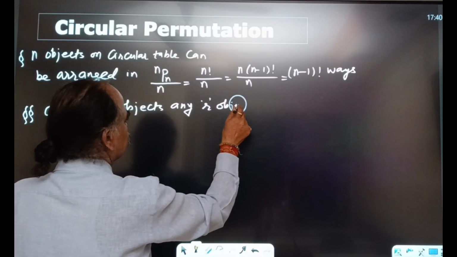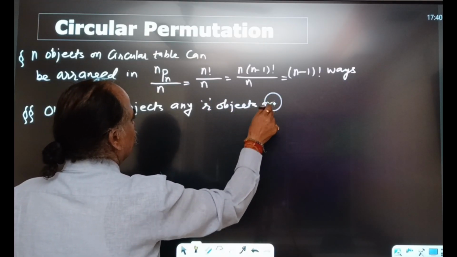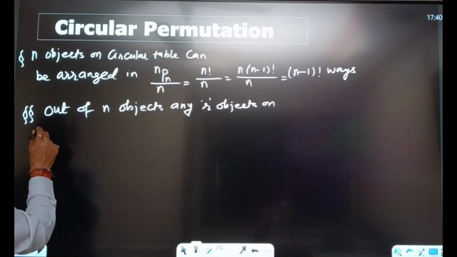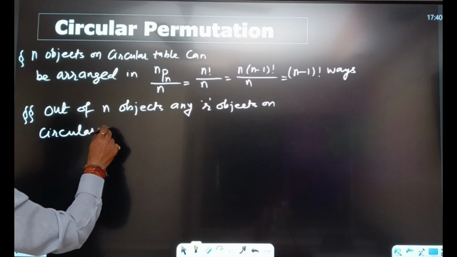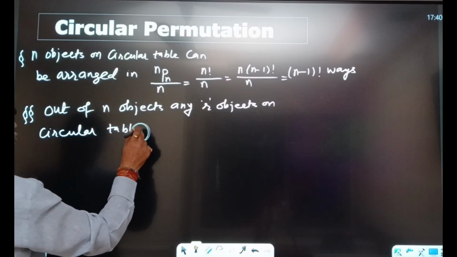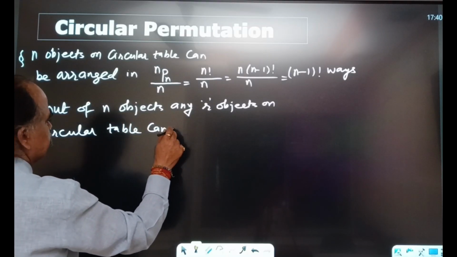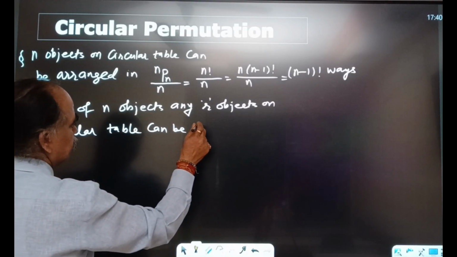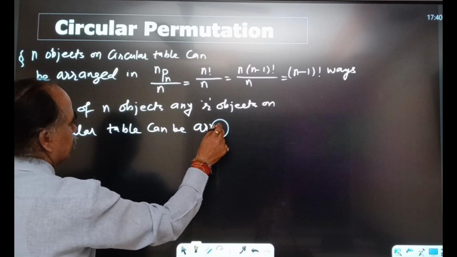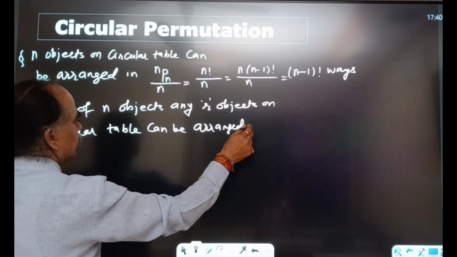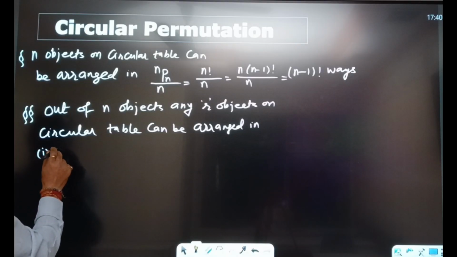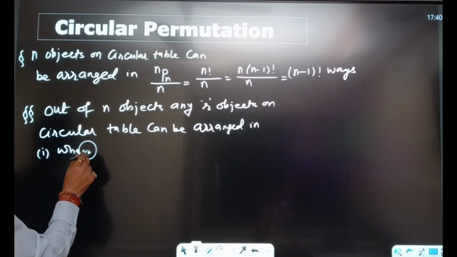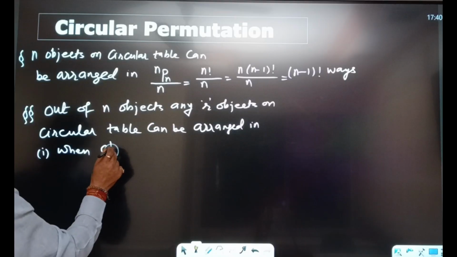Not distinct means same. Like in a garland, clockwise and anti-clockwise arrangements are same, are not distinct, that is same, in nPr divided by 2r ways.